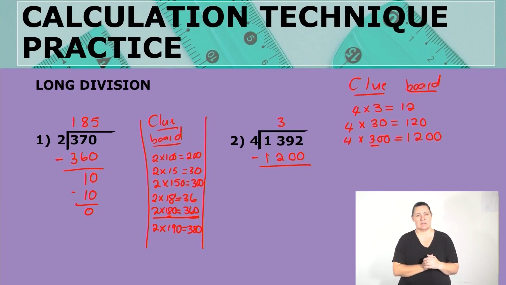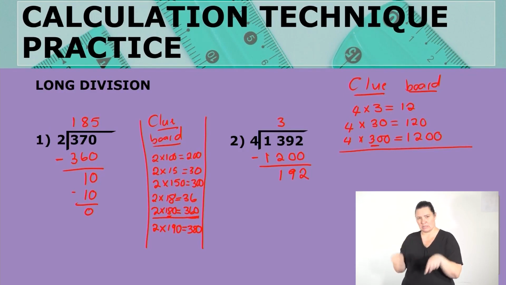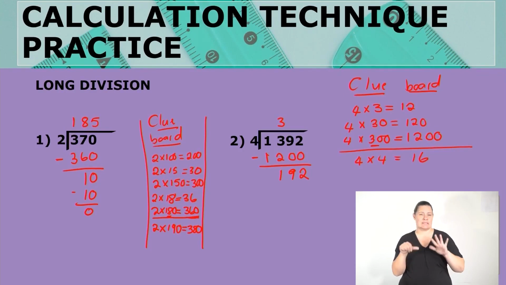So when I subtract 1,200 from 1,392, I am left with 192. So now I need to find out how many groups of 4 are in 192. Again, I'm going to go back to my clue board. Now, when I think of 4 times 4, that gives me 16.